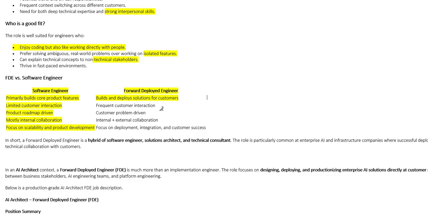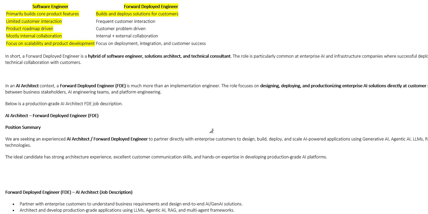And the FDE has frequent customer interaction: product roadmap driven versus customer problem driven, mostly internal collaboration versus internal plus external collaboration, and focus on scalability and product deployment versus focus on deployment, integration, and customer success.